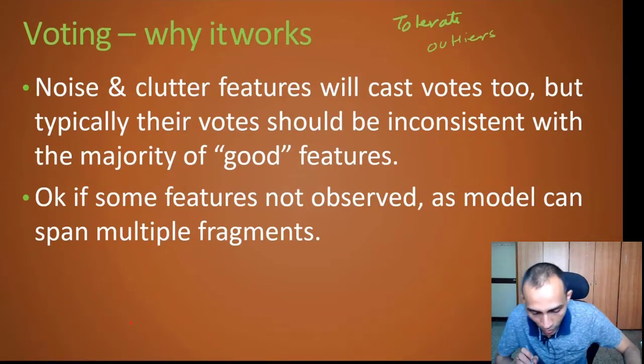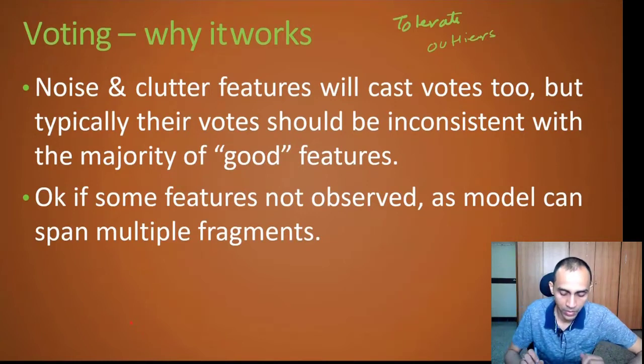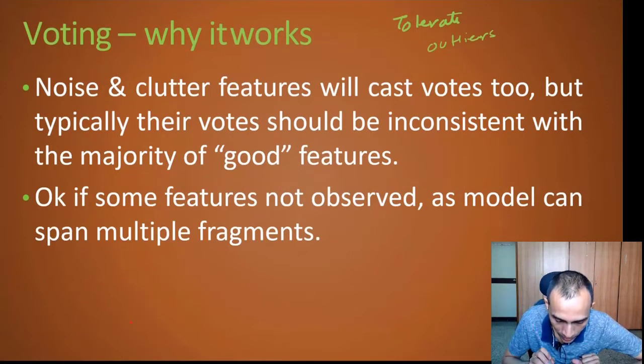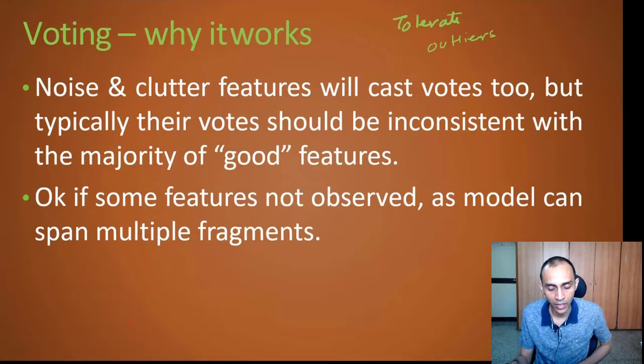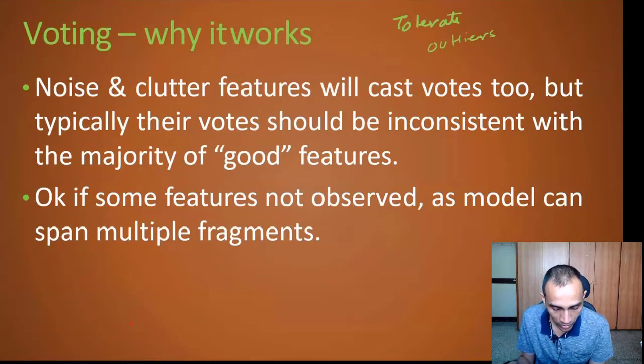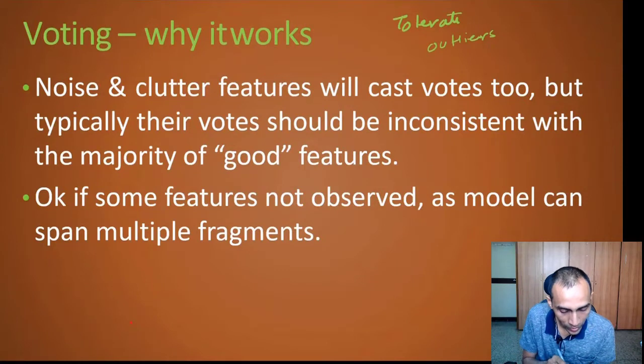Our goal is to tolerate outliers. That is, while fitting the models, we have to be very sure that outliers don't disturb our model fitting. Any random noise, or any missing data, should not cause problems or lead to a random fit. So why will voting be robust to these things? Let us try to understand.